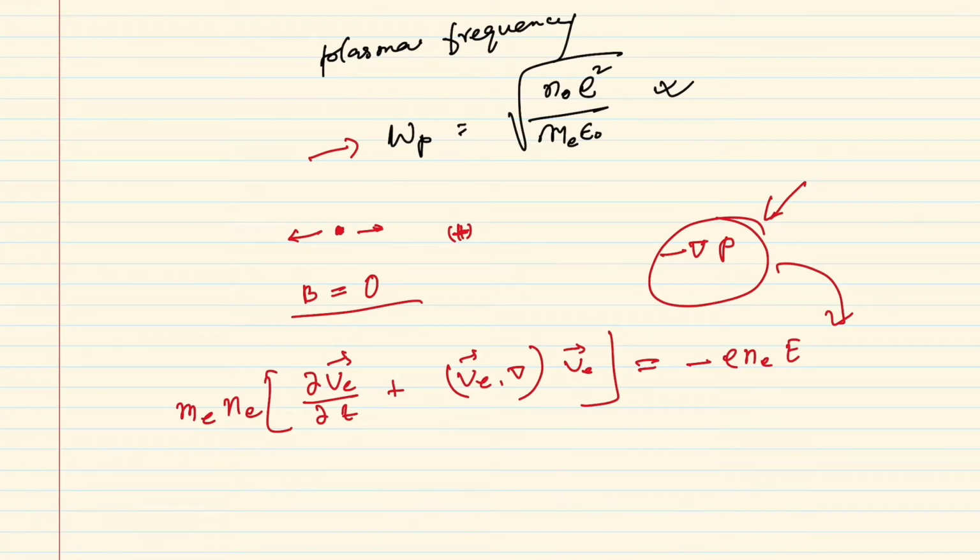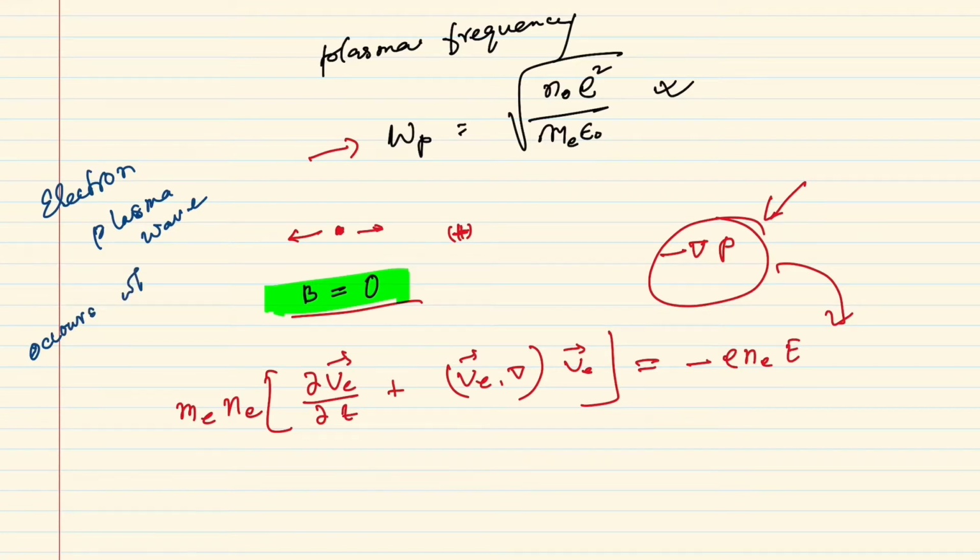Now, in this case also we will consider B equal to 0, but we will consider the thermal motion here, because electron plasma waves occur when we allow a thermal motion.